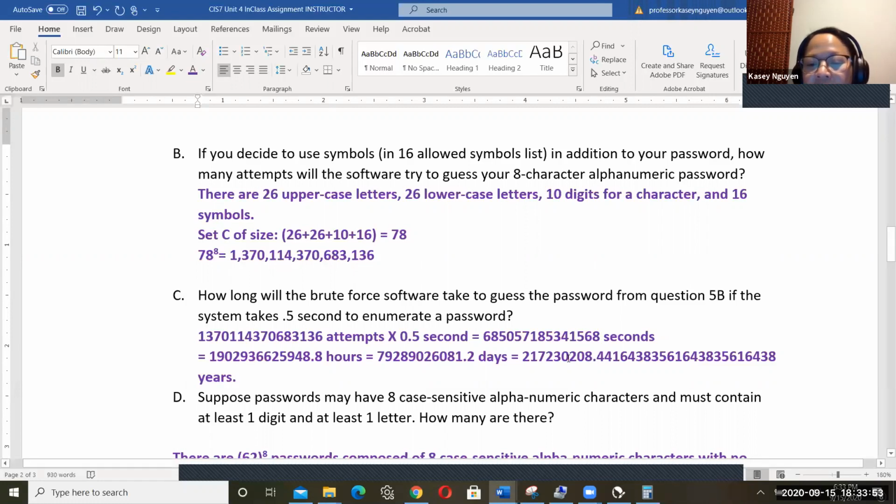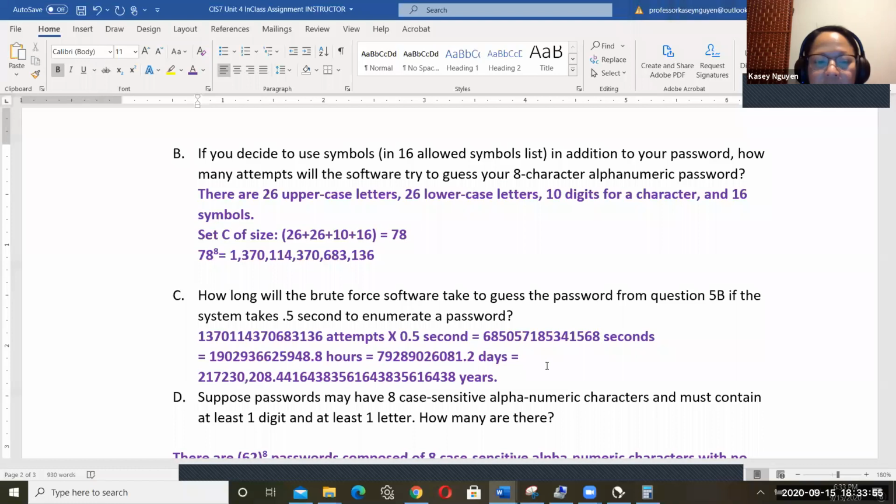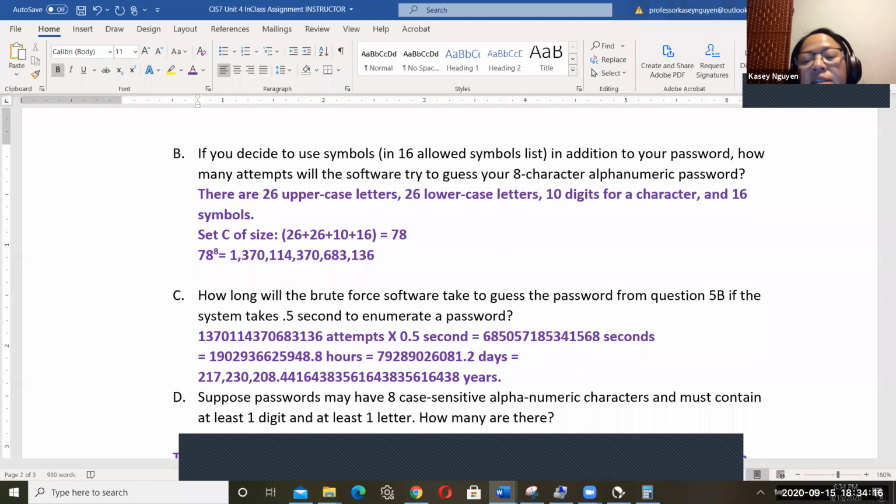So we can see that with the 8-character password, alphanumeric, and symbol, it takes quite a bit of a long time if it's taking 0.5 seconds to guess each password. Now, of course, in reality, the system is faster, but it's still going to take time.